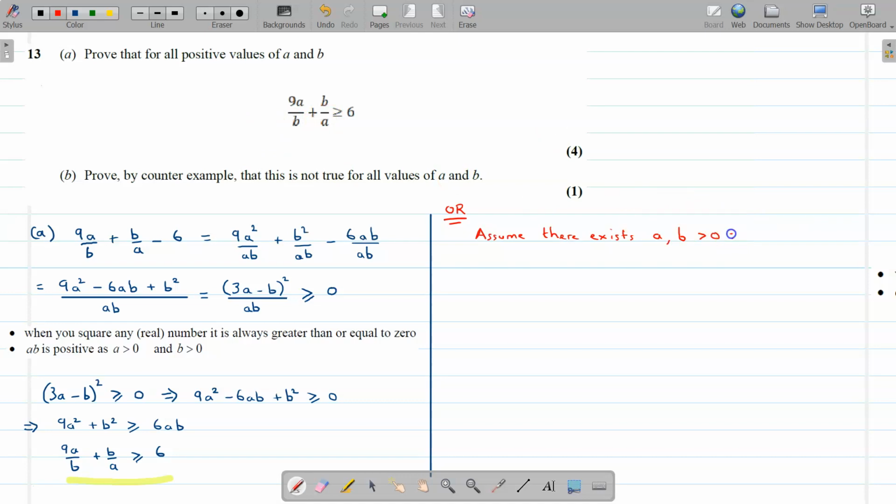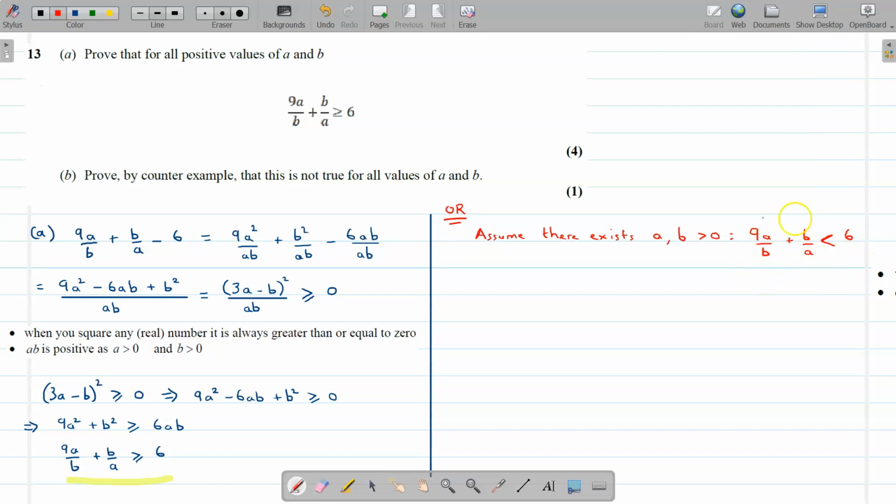In other words, that colon there means such that, this is all shorthand to save a bit of time, that 9a over b plus b over a. Now the opposite of being greater than or equal to 6 is it being less than 6. So I'm going to assume that's true.